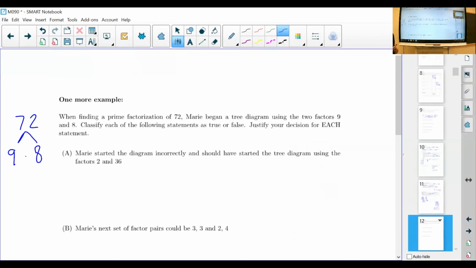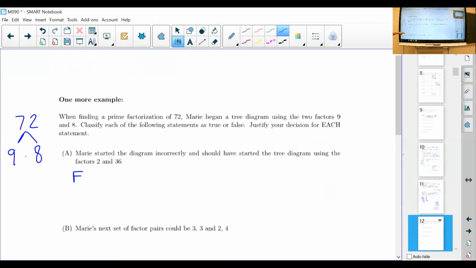Sure. 9 times 8 is 72. Okay. So now we're looking at A. A says, nope, she did it wrong. She should have done 2 and 36. Well, 2 and 36 works, but so does 9 and 8. This is okay. So this is a false statement, and we're going to justify why this is a false statement.